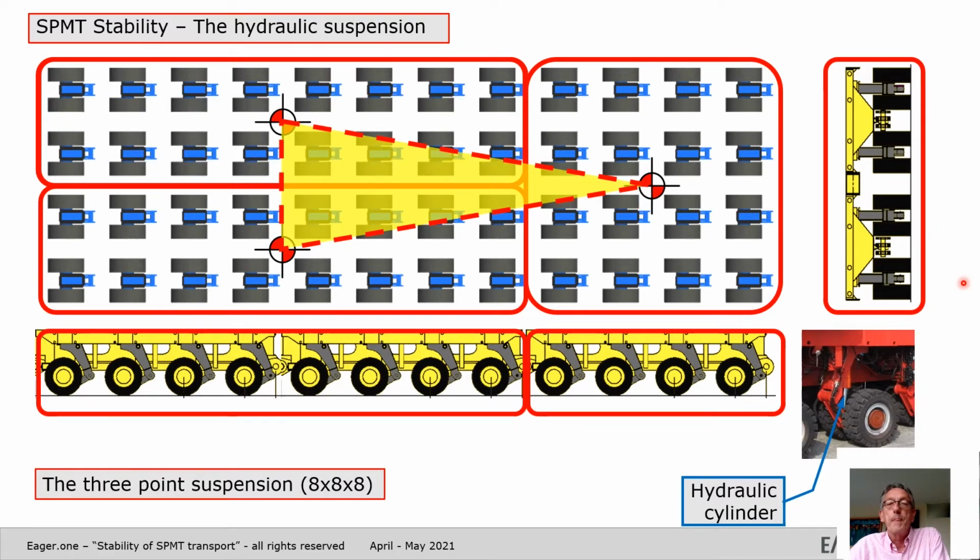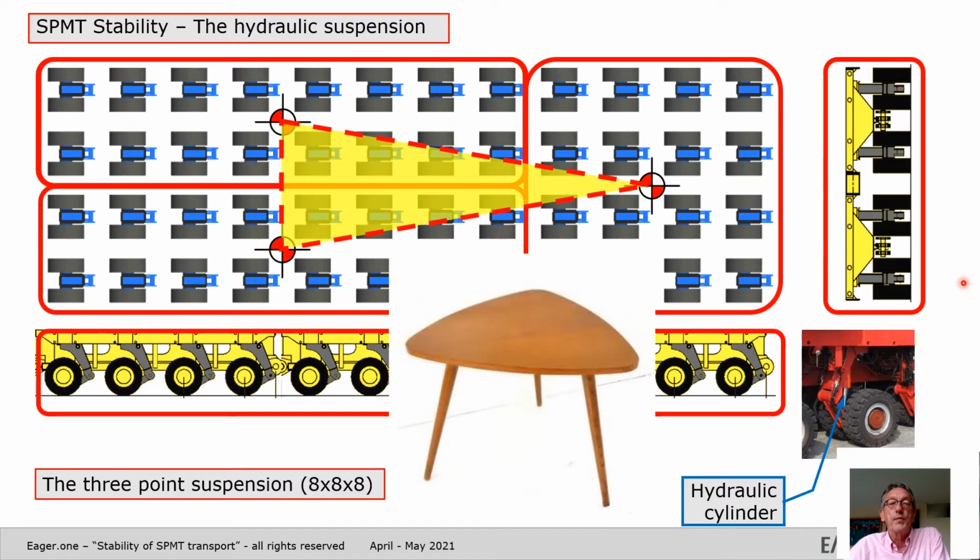And in doing that, we have a system which best can be compared with a table with 3 poles. Now, as soon as we got a load on top of the SPMT, we have to make sure that this center of gravity of the load is always within this yellow triangle, within this stability triangle.